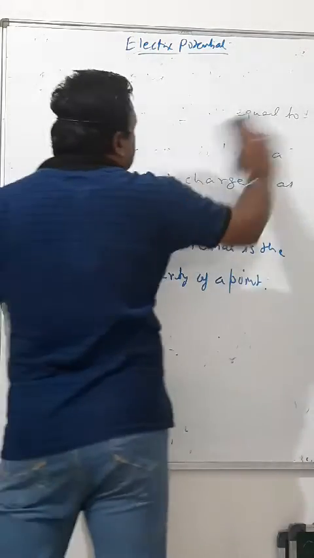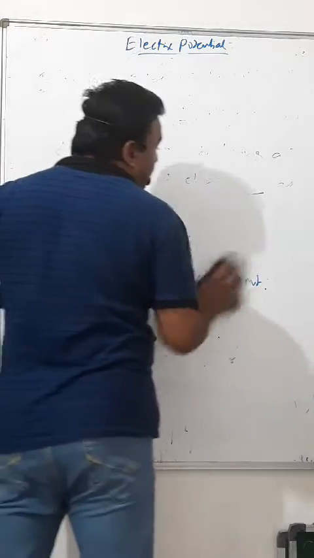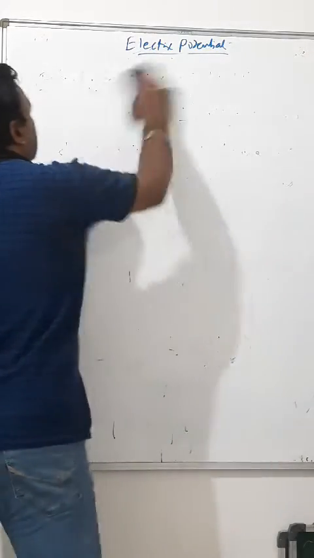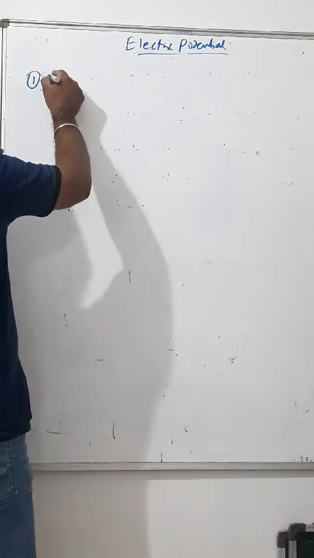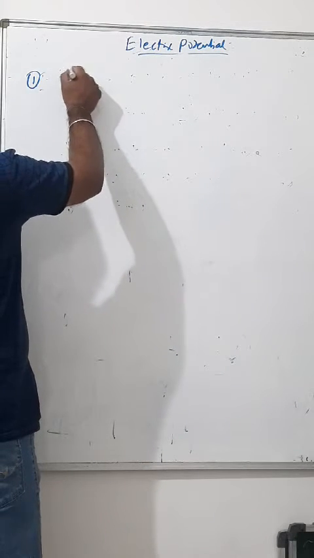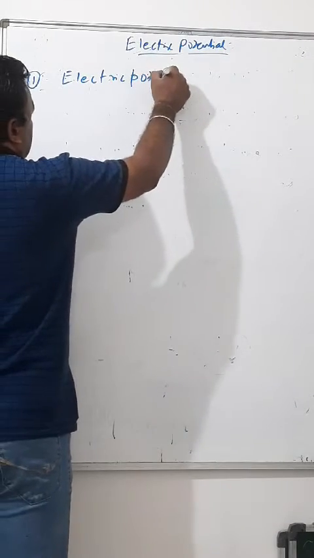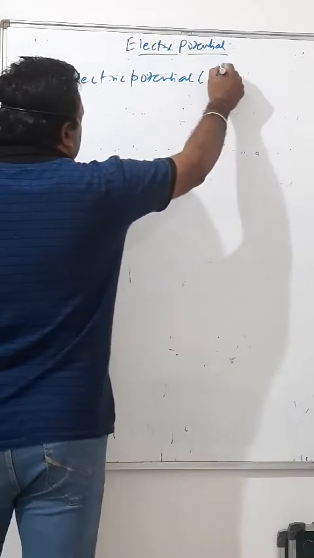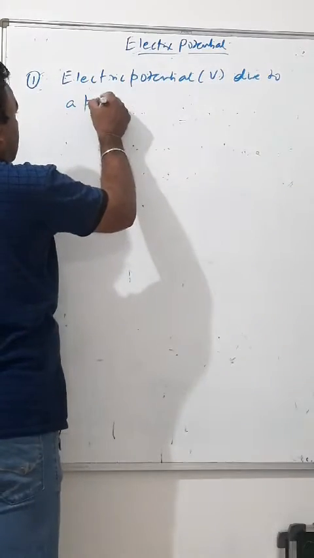Now, let's take a simple example. Let's derive it for a point charge. Electric potential V due to a point charge.